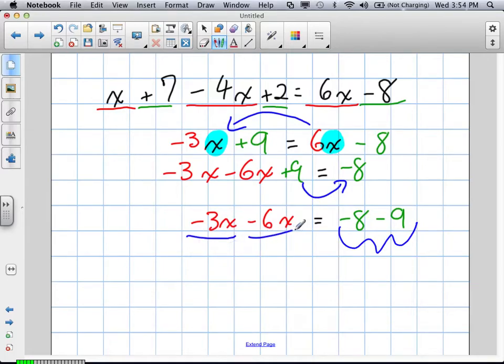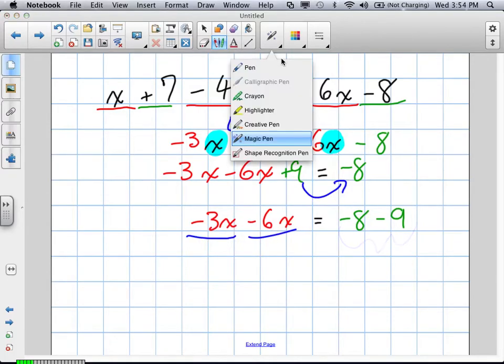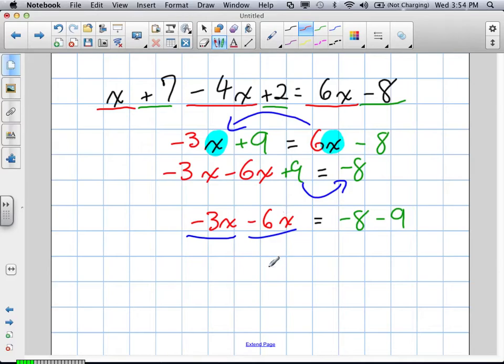Negative 3x minus 6x. Do you know what that would be? Positive 3? You have to work on your integers. If you want to get a calculator, you should take a calculator out. Think of it like a number line. But I thought a negative and negative make a positive. That's only if you're multiplying or dividing. When you're subtracting, think of it like you're on a point on a line.